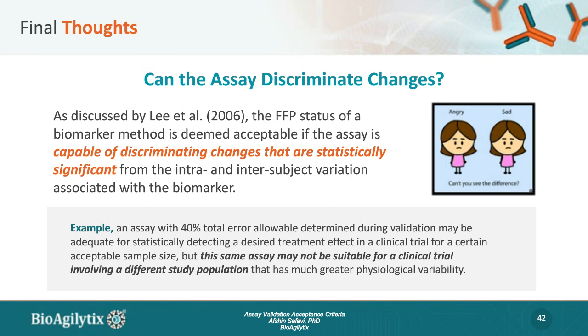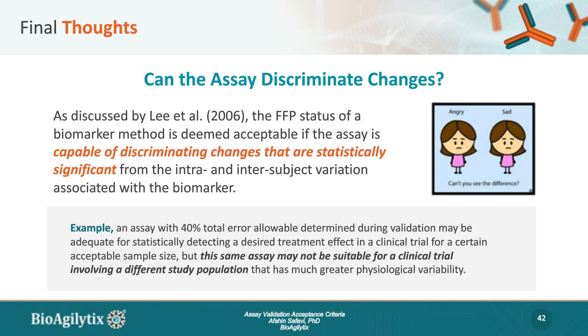At the end of it, whatever you want to call it, qualification or validation, whatever parameters you decide to evaluate based on fit for purpose and context of use, and the number of replicates you decide to include in your study, you want to make sure that the assay you come up with is capable of discriminating changes that are statistically significant. And I want to give you just a quick example.